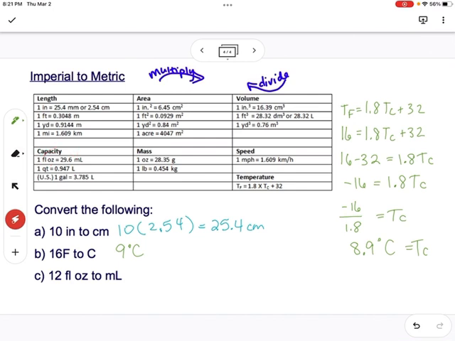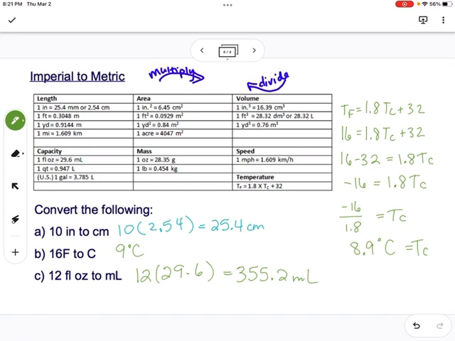So we have our 12 fluid ounces times the conversion where there are 29.6 milliliters per fluid ounce. And we get 355.2 milliliters. Okay.